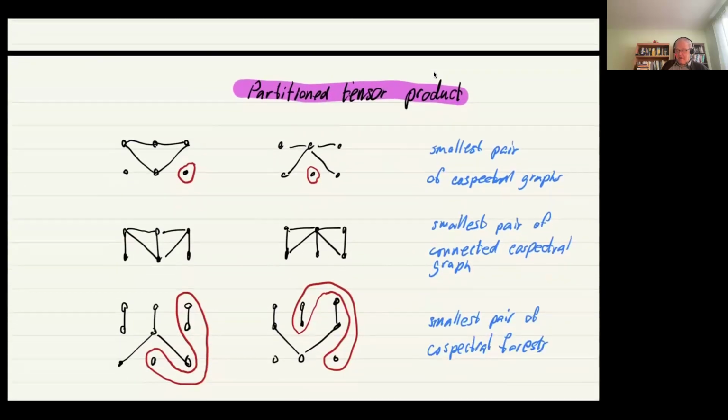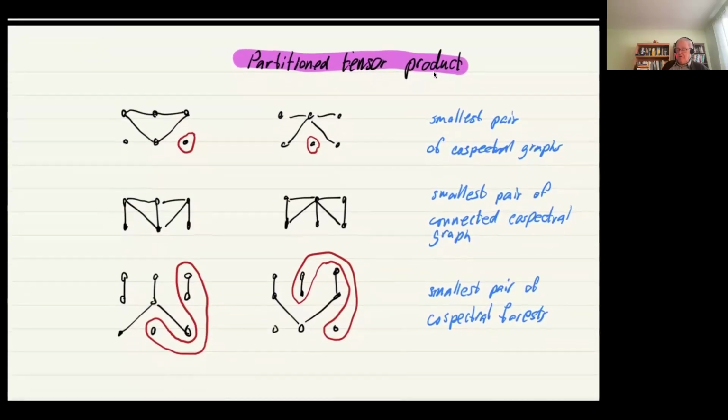Now, for the next construction, we call this the partition tensor product, Brendan McKay and I. The thing we noticed, if you look at the small examples of cospectral pairs of graphs, is that we get this symmetry property. Now, this is the 4-cycle, and there's K1,4 with its isolated vertex. To make the symmetry, I've added one isolated vertex.